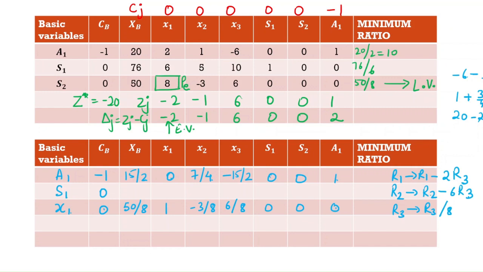The next that we are having is R2. R2 minus 6 times of R3. So to make this 0, this would be the first one, 76 minus 6 times of R3.